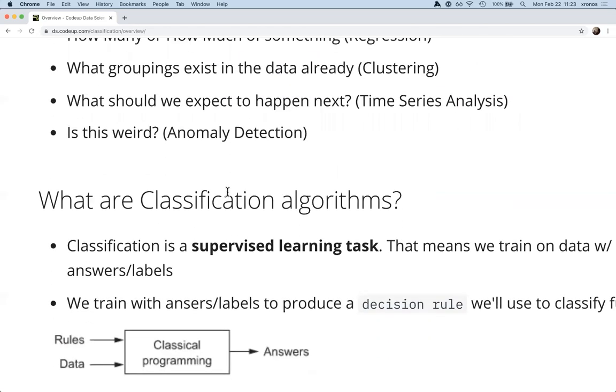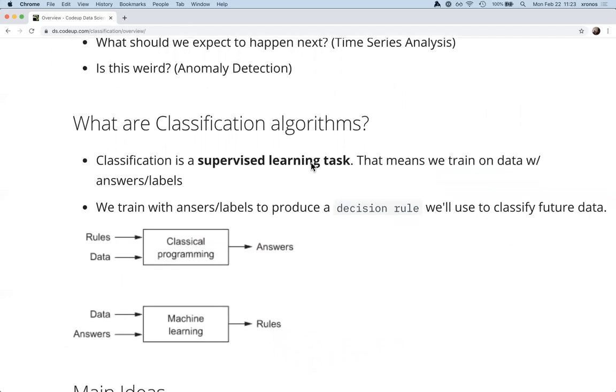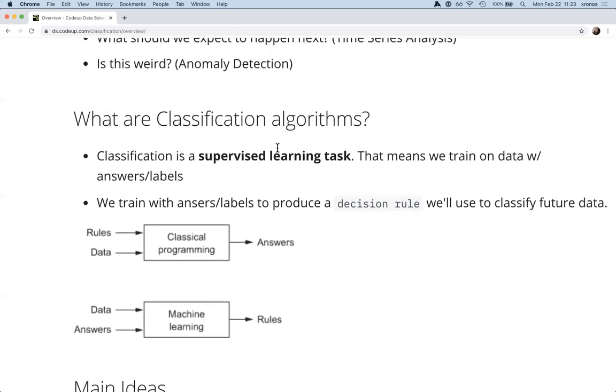So what are these classification algorithms? We have a variety of different classification tools, but they all share something in common. All of our different classification tools are doing what's called supervised learning. And supervised learning is not all of machine learning, but it's quite a bit of machine learning.